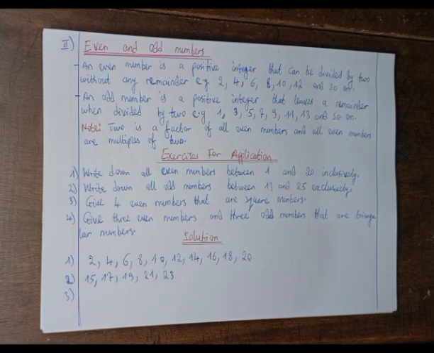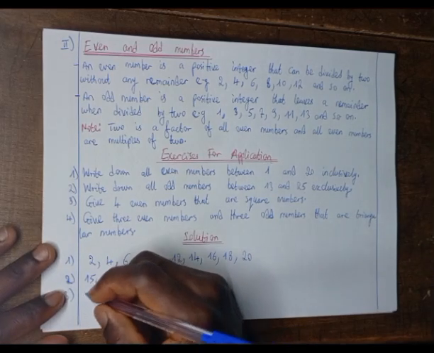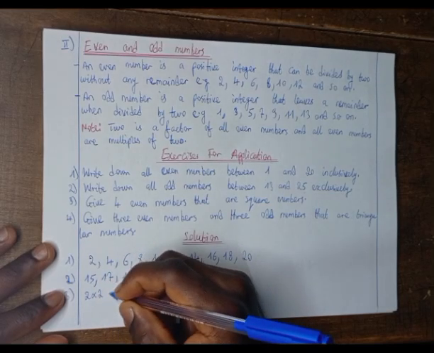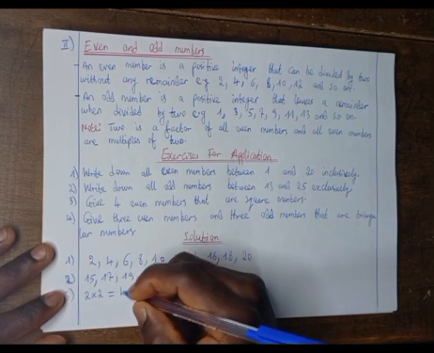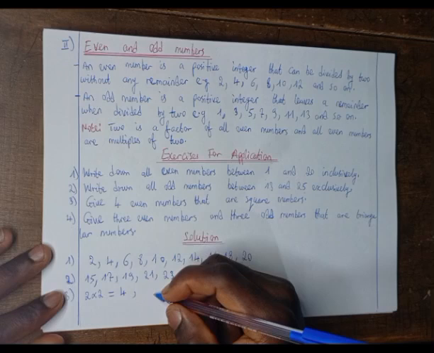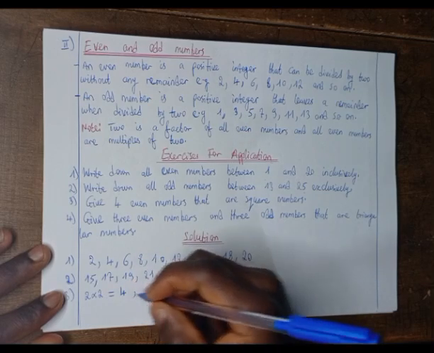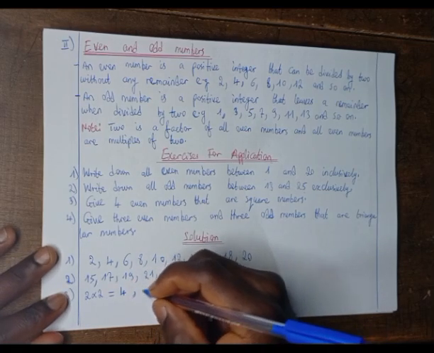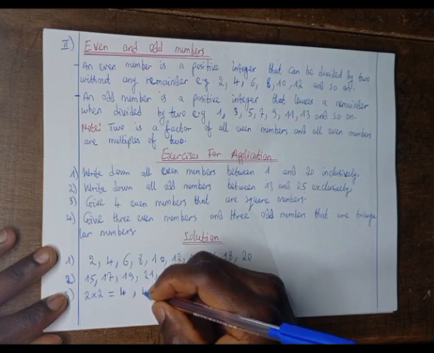For us to get square numbers that are even numbers, we are simply going to multiply positive integers which are even numbers by themselves. For example, the first one, if we take 2 times 2, we know 2 is an even number, it gives us 4. 4 is an even number. The next one, we take 4. 4 is an even number.